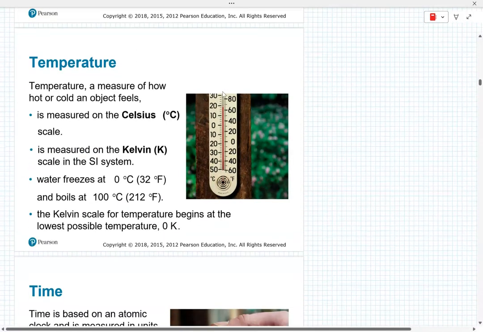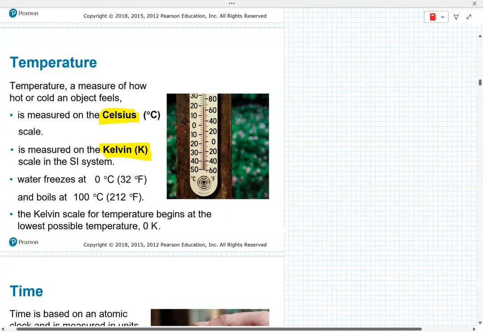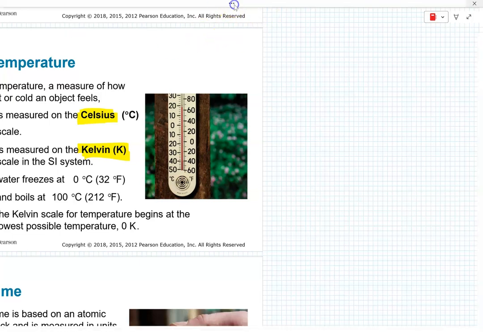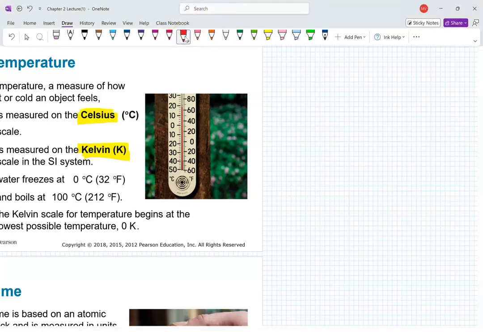Temperature, okay. The temperature scales that we use in science are either Celsius or Kelvin. Degree Celsius and Kelvin. Remember, we don't use degree with Kelvin. Now, one of my favorite illustrations about Fahrenheit versus Celsius versus Kelvin comes with a reference point.